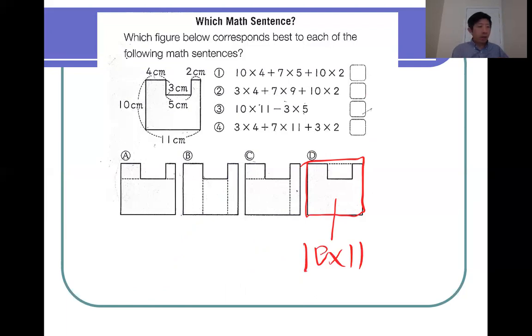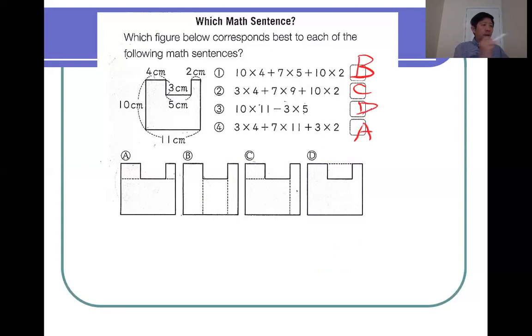And we subtract 3 by 5, 3 by 5. All right. So which answer we have? This is a D, right? So here is a B, here is C, here's a D, and then this is A. Right? Did you get it for this problem?